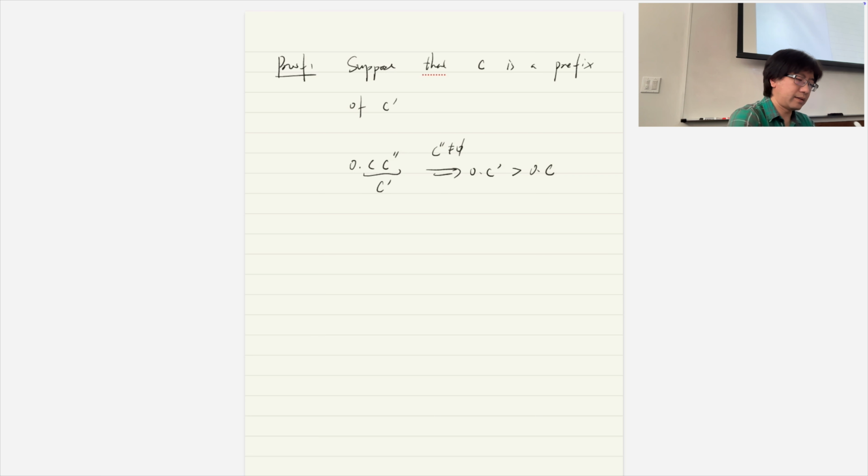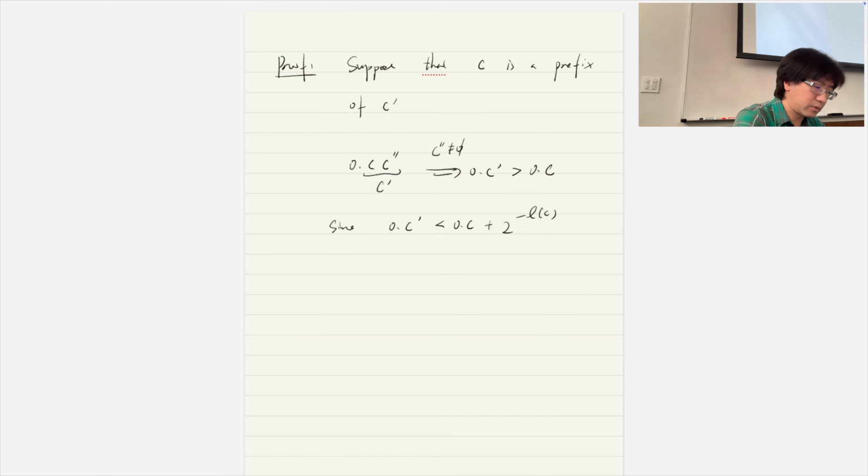Another thing we can observe is that 0.C prime will be less than 0.C plus 2 to the power minus LC. Because if we take all the largest values from now on to infinity and add them all together, it will be this number. It's a geometric series.